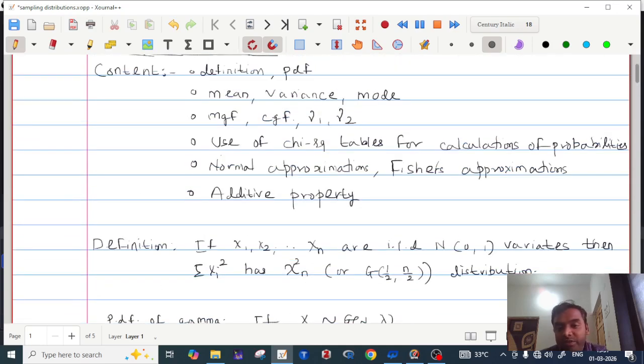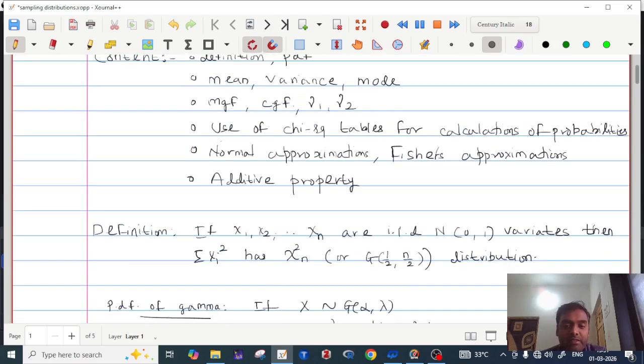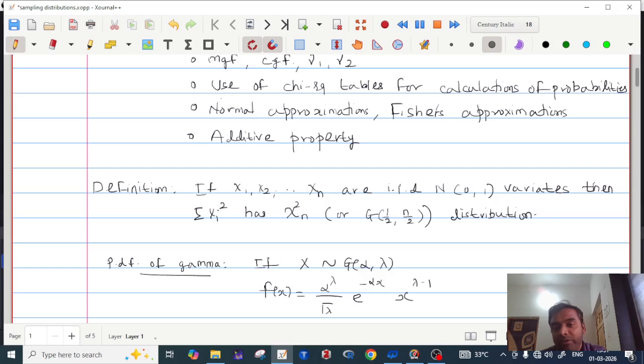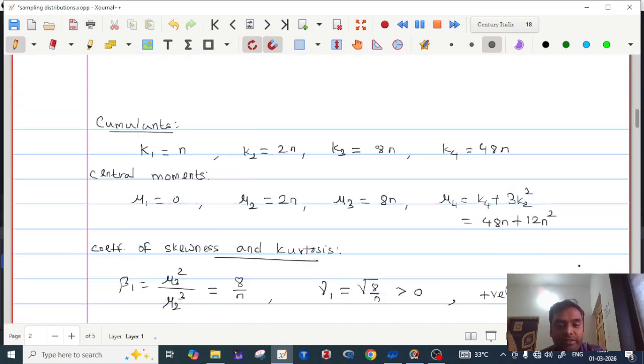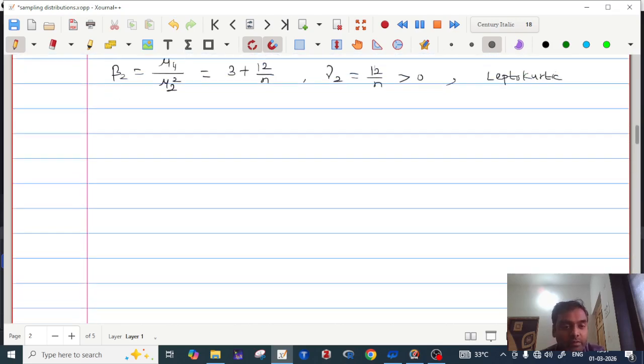Next is use of chi-square table for calculation of probabilities, then normal approximation and Fisher approximation. First, the use of the chi-square table for calculation of probabilities.